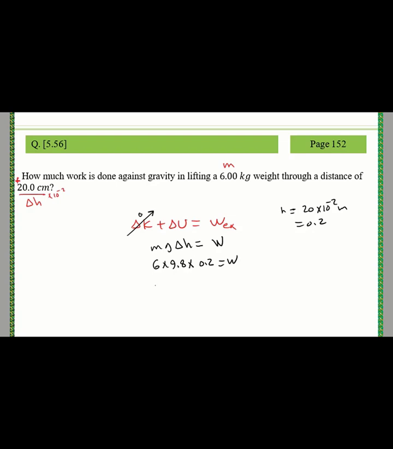The work equals 11.76 joules. If you take 3 significant figures, it is 11.8. That's it for this part.